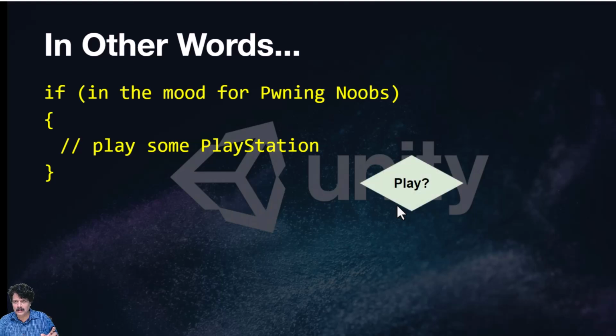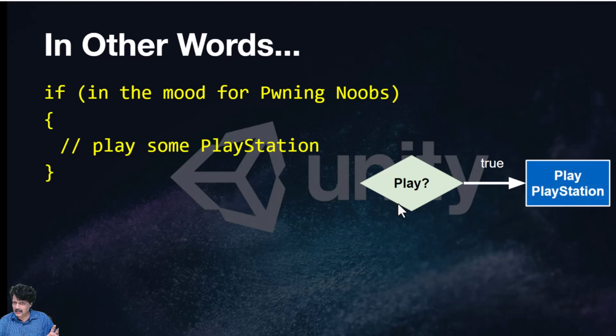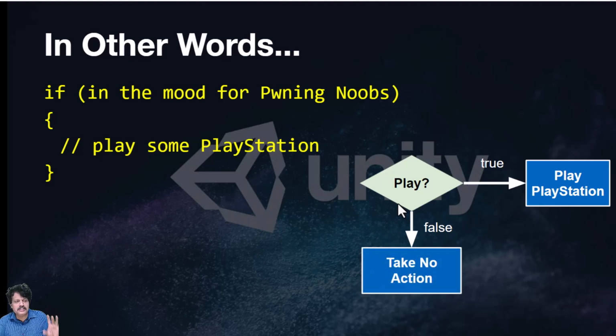So you have the condition: do you have the mood to play? This is a question. If yes, if it is true, play the PlayStation, and if you are not in the mood to play, then take no action. This is the kind of flowchart statement that we write in an if statement.